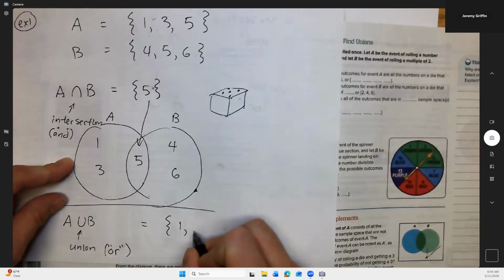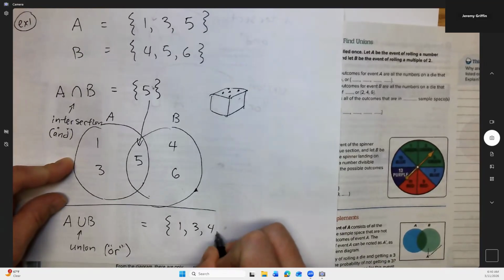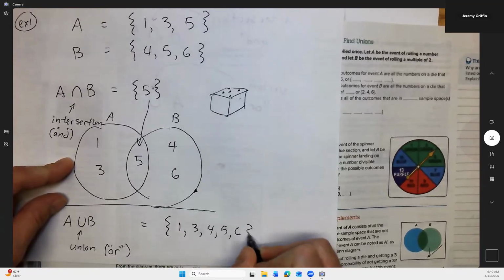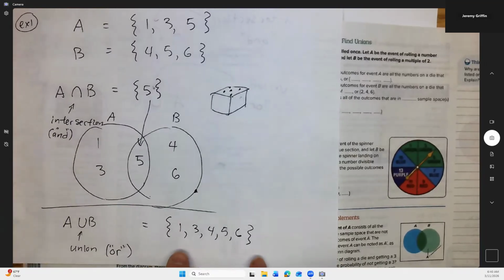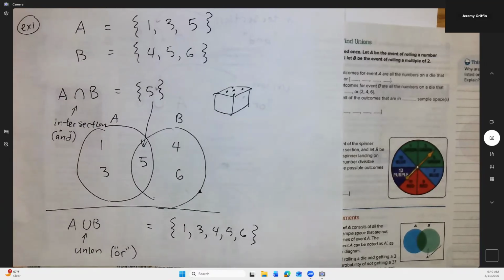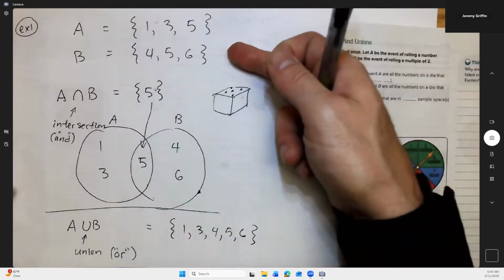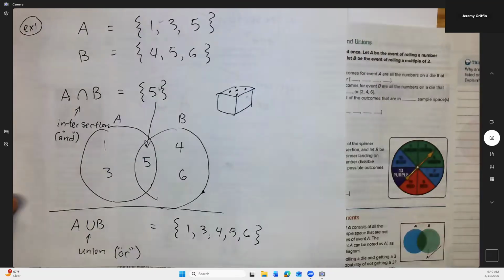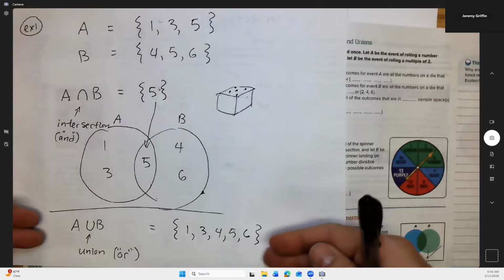So it could be 1 or 3 or 4 or 5 or 6. If you roll pretty much anything other than a 2, then either you've rolled an odd number or you've rolled a number greater than 3. So there's your intersection and there's your union.